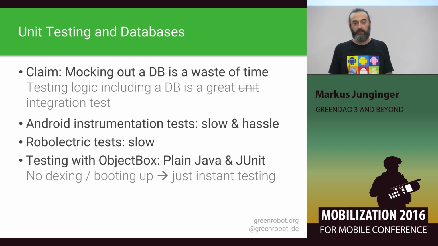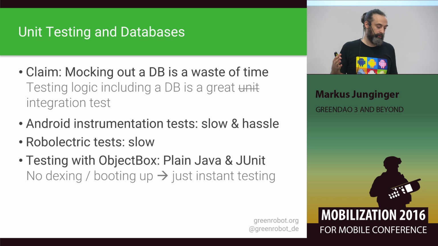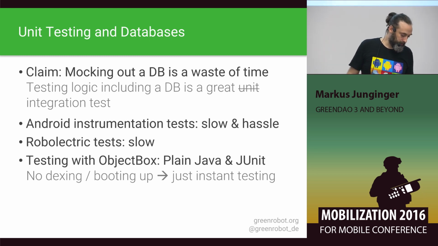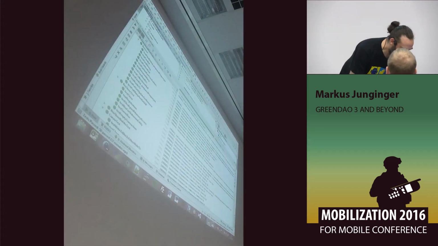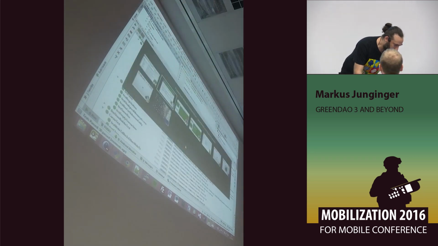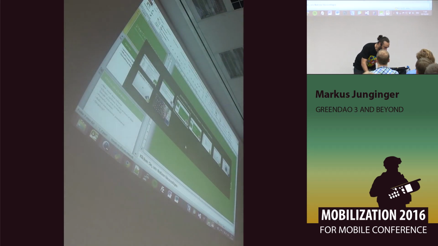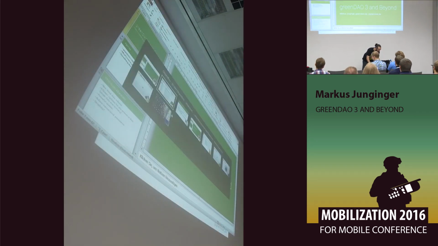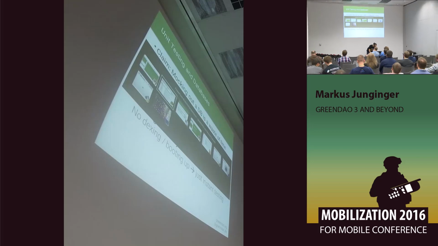But also the Robolectric tests are pretty slow to boot, okay? And with ObjectBox, I can try, if I have it open, yeah. So this is just a test suite. I hit run and done. Okay, so this is very quick. Which one was it? Yeah, this one.